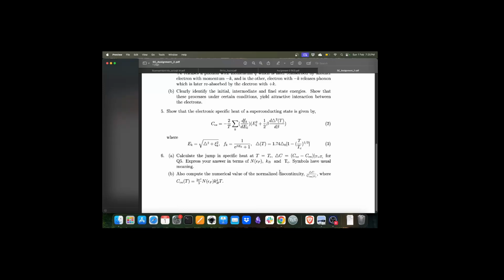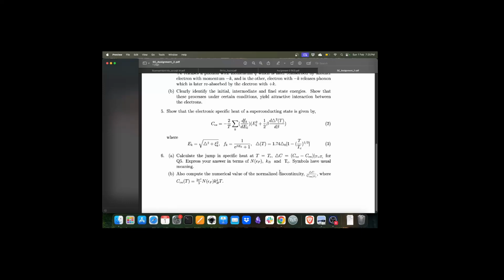So 6A is calculate the jump in specific heat at T equal to Tc, so that delta C equal to CES minus CEN.